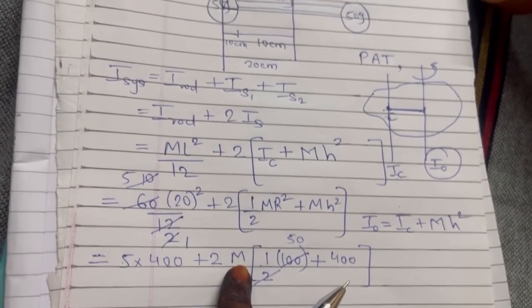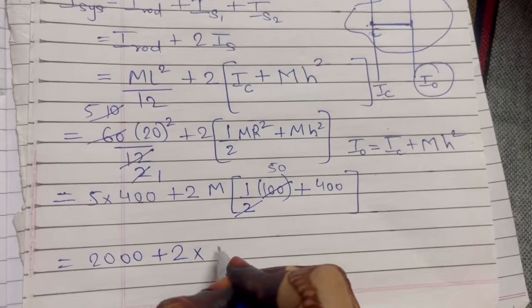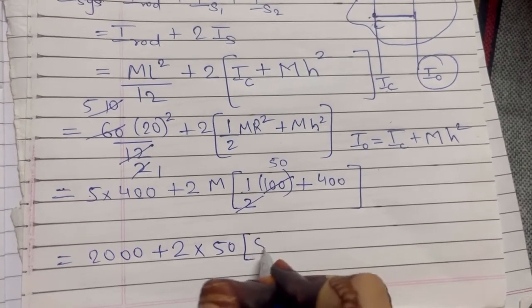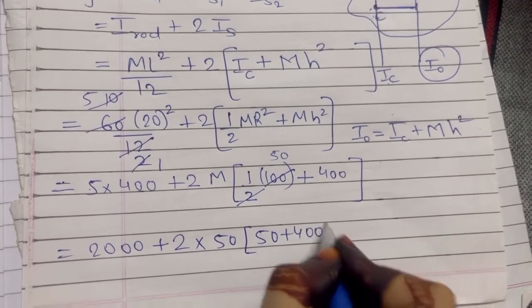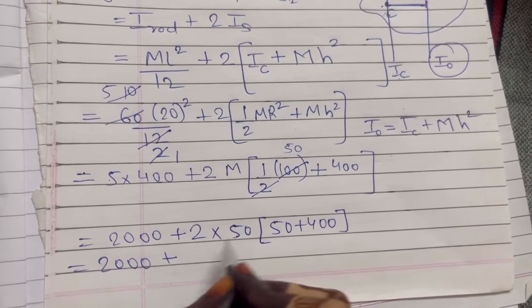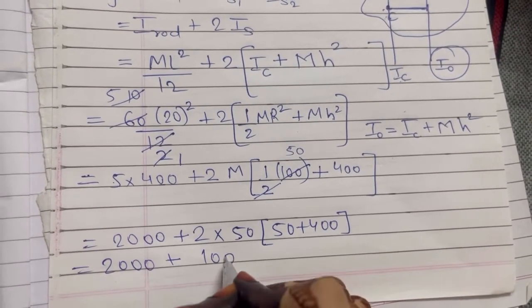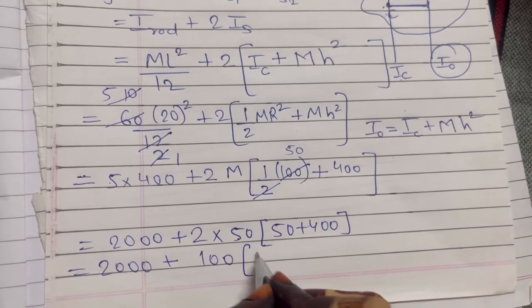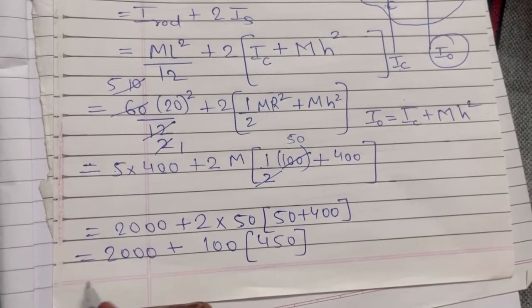Now the mass of the sphere is 50 gram. 50 plus 400. So it is 2000 plus 2 into 50. 2 5s are 10, that is 100. 50 plus 400 is 450.